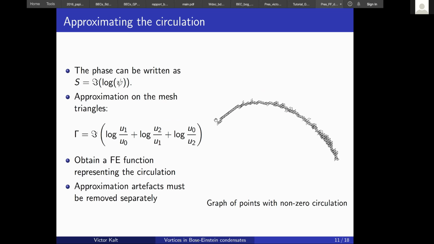So if we look at all the triangles with non-zero circulation, we obtain this graph here, where we can see some defects created by the approximation on only 3 points. But it's still quite accurate, and it's enough to obtain a good reconstruction of the vortex line. Sometimes some defects can stay, and it is necessary to remove them, but most of those won't cause any problem.